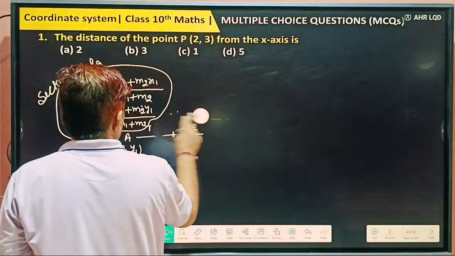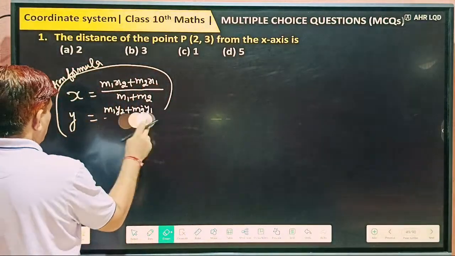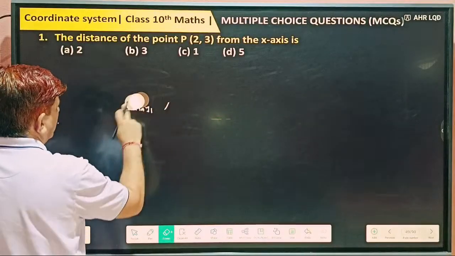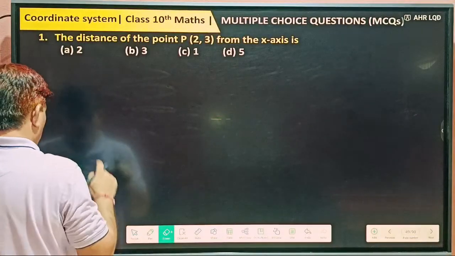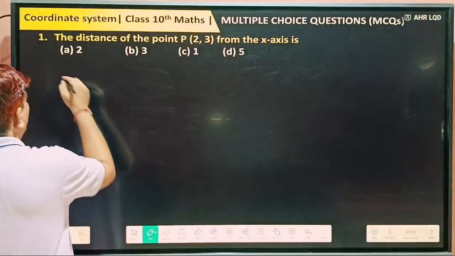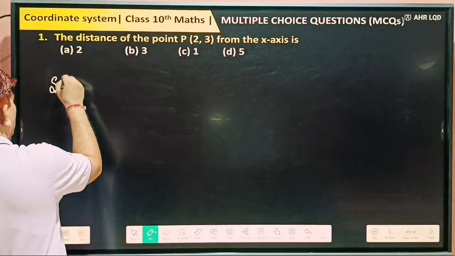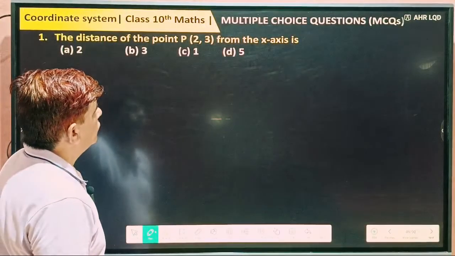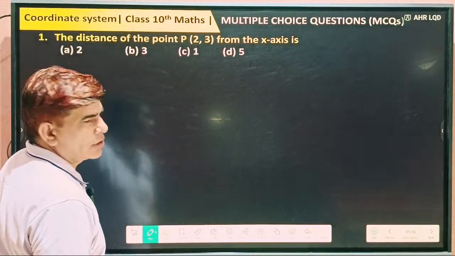So the first multiple choice question. The options are given to you. Solution: here I can write, the distance of a point P from the x-axis is.